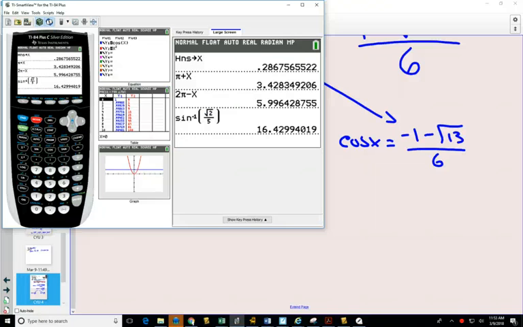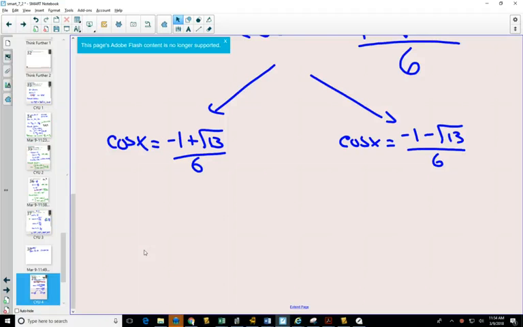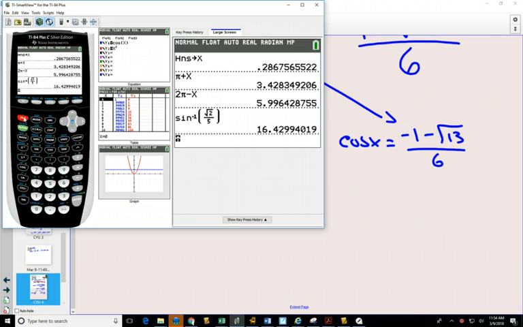Would you like me to make a sneaky mistake and see if you can spot it? You want to try? Okay, I'm going to try and make a sneaky mistake and see if you can catch it. Okay? Next step in both of these is finding your reference angle. So for the first one, I'm going to go cos inverse. I'm going to use my fraction button.